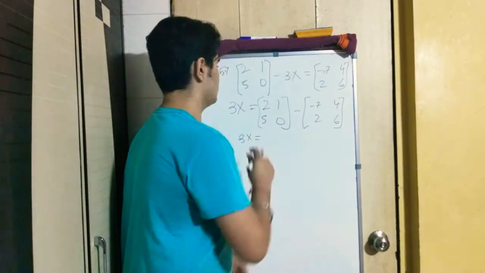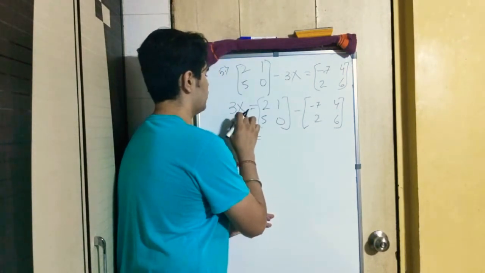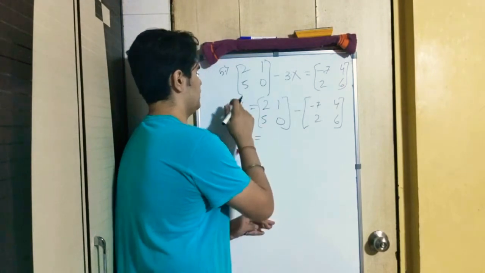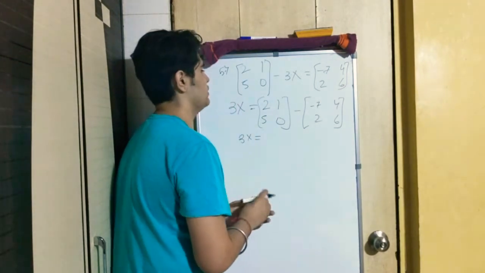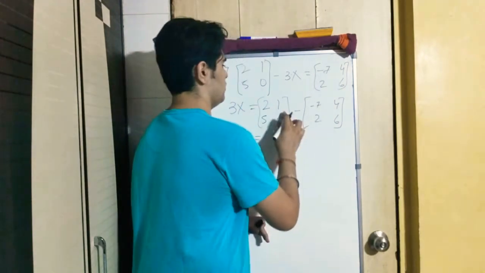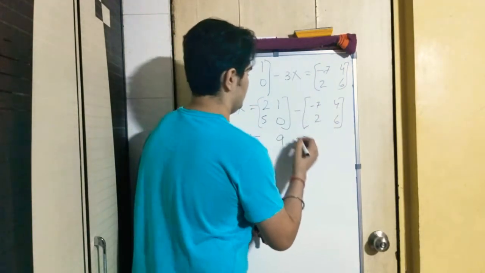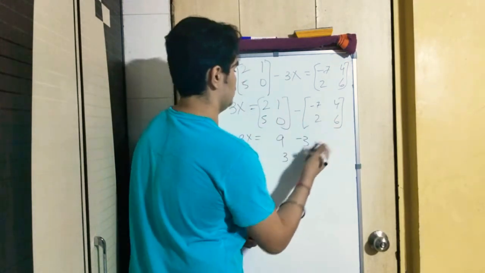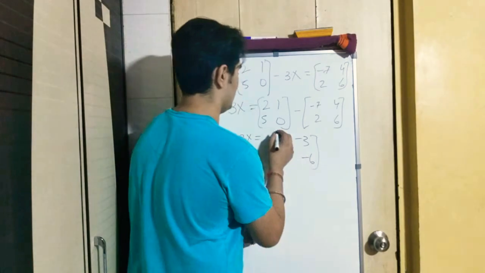In the previous sums the coefficient of x was nothing or 1, but here there is 3, so you have to pay attention to this sum. So 2 minus of minus 7 is 9, 1 minus 4 is minus 3, 5 minus 2 is 3, and 0 minus 6 is minus 6.